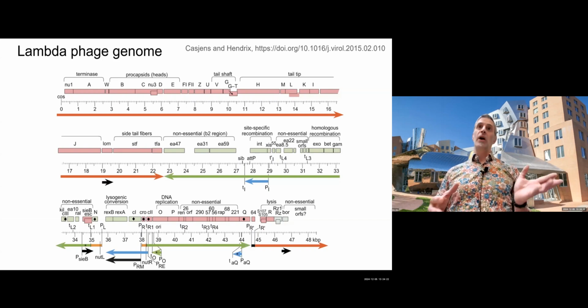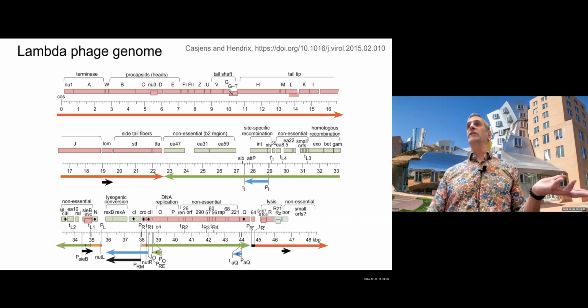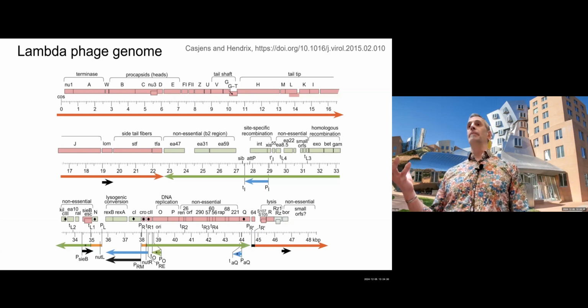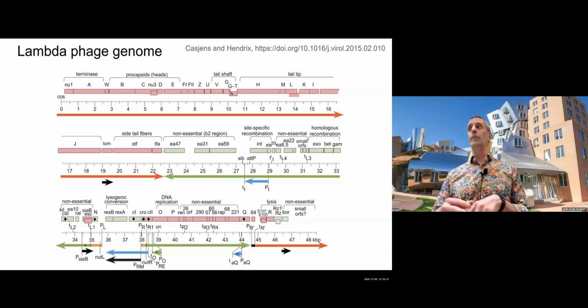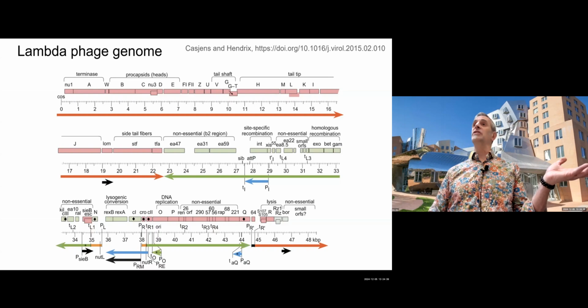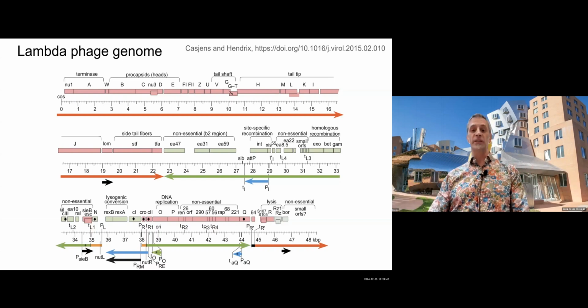And it does that, partly by making this decision of when to integrate into the genome and then when to actually start copying itself and lyse the cell. So if it integrates into the genome, then it can stay in the genome for a while. And if conditions are good, that cell might replicate. And then there'll be more copies of the lambda phage as well.